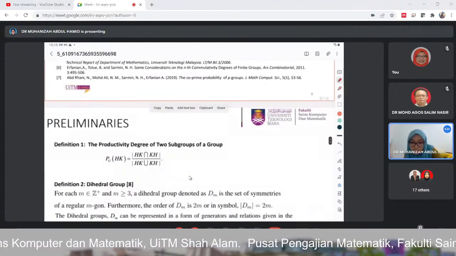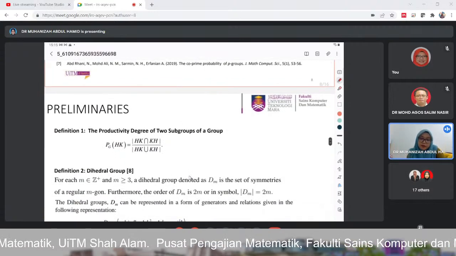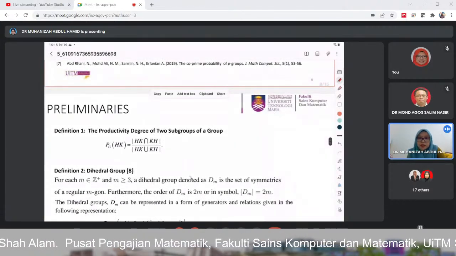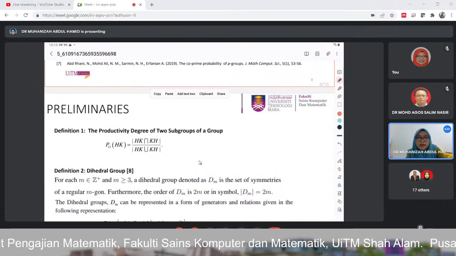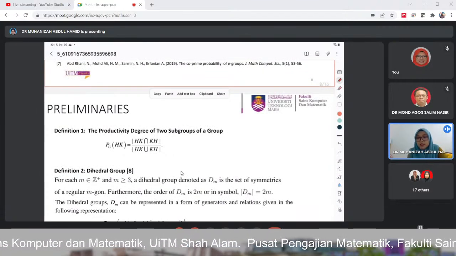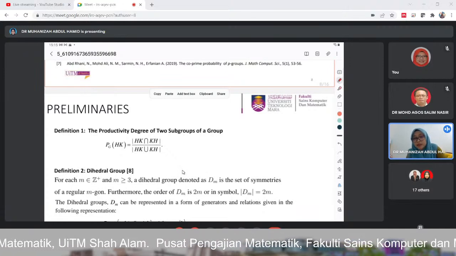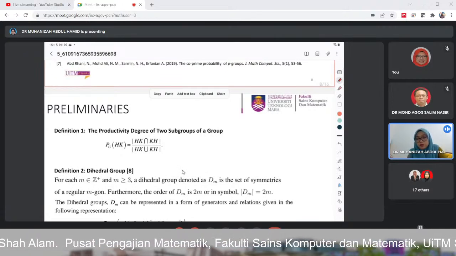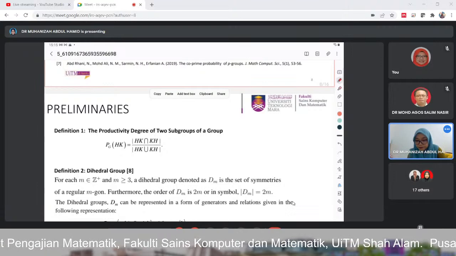Okay, and then in this research, we introduce a new probability, which is called the productivity degree of two subgroups of a group.